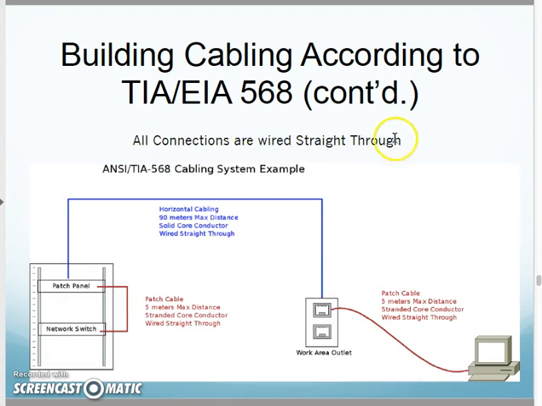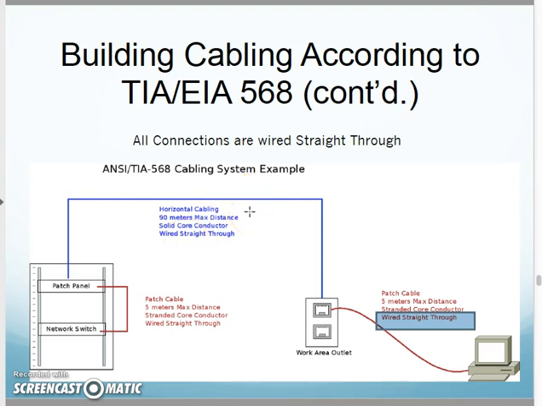Here, they also remind us, as they're talking about these different termination blocks, all connections are wired straight through. Well, again, if we go back to the diagram I had for you before, when we talked about horizontal cabling and patch cables, you'll notice I have a little piece in here that says wired straight through. Yes, all of our terminations for our 568 system, patch cables and horizontal cable, are all wired straight through.